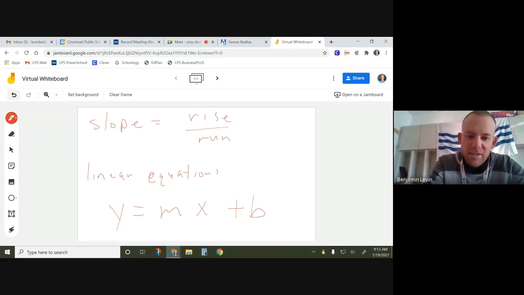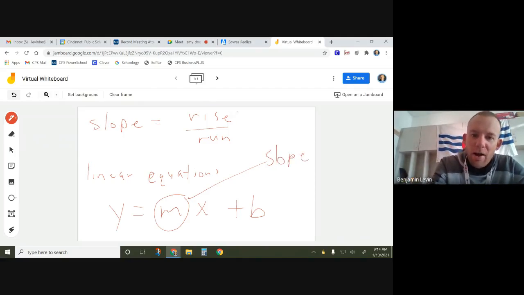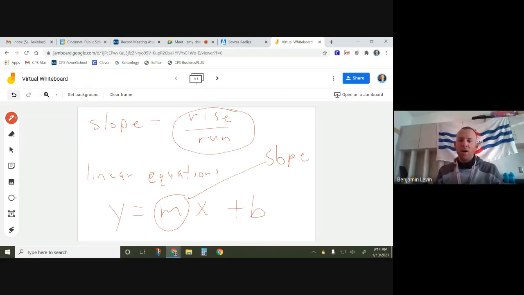And in this case, the slope is m. In every case, the slope is m. Okay? You need to know how to find the slope. It's rise over run. And then you need to know where the slope goes in the linear equation. Y equals mx. M is always the slope.